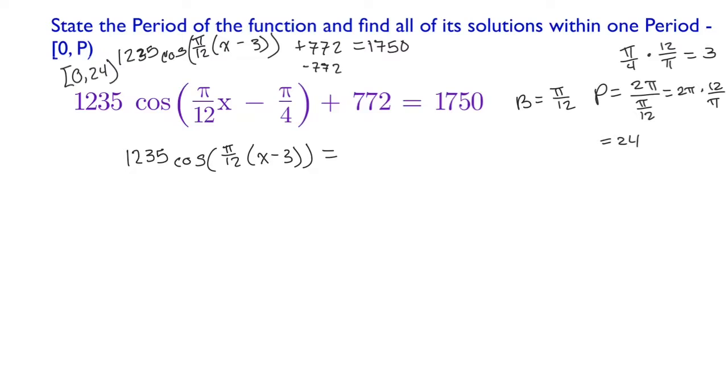It's a lot of sevens. Lucky number 7. We have the answer of 978. Then we're going to divide both sides by 1,235.